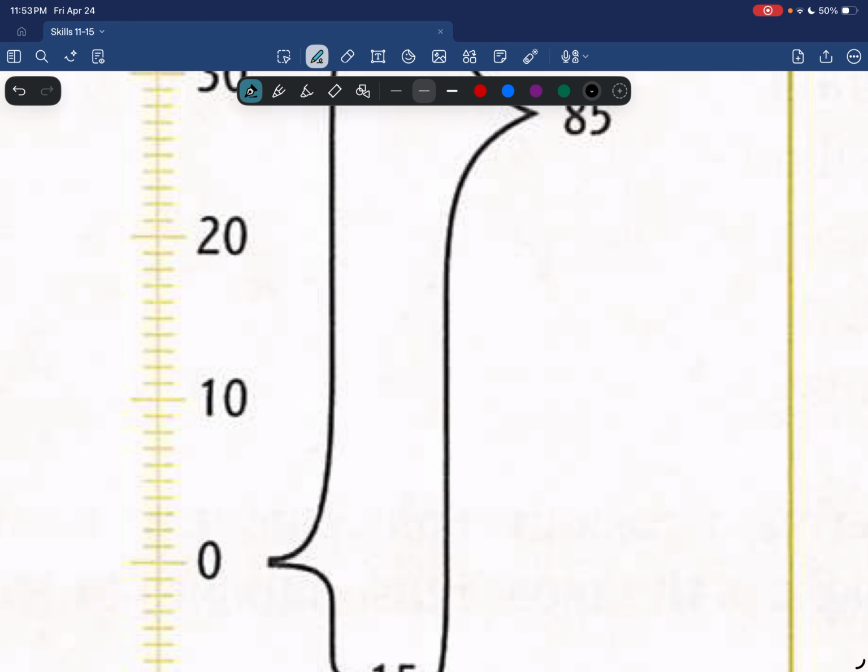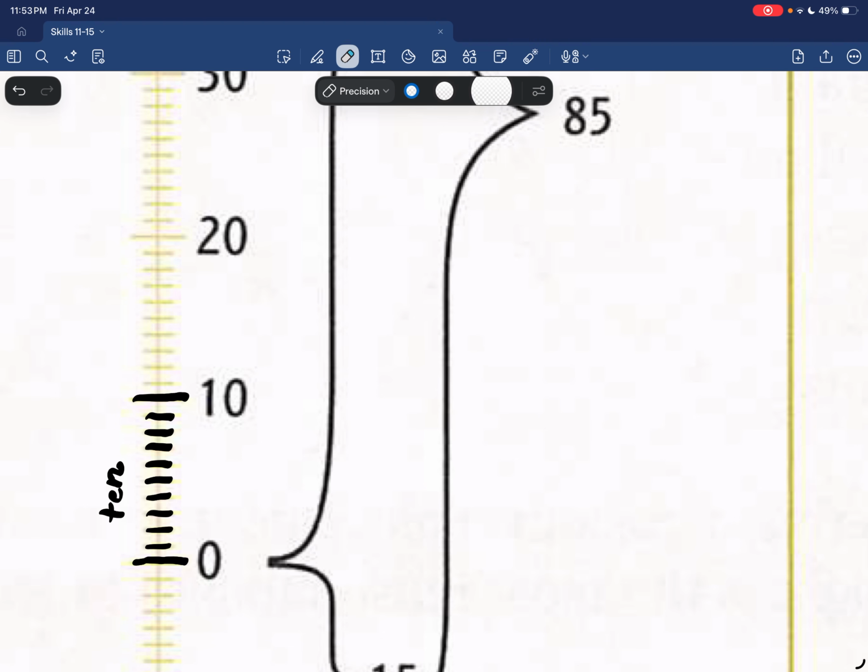If you count, here's 0 degrees. You have 1, 2, 3, 4, 5, 6, 7, 8, 9, 10. Usually if there are 10 spaces in the interval, it's a Celsius thermometer, but not always.